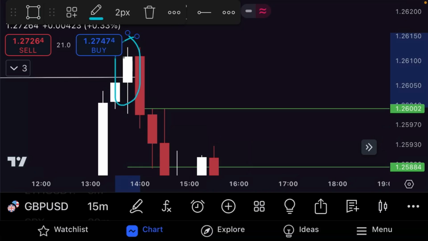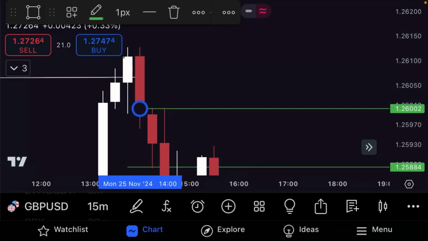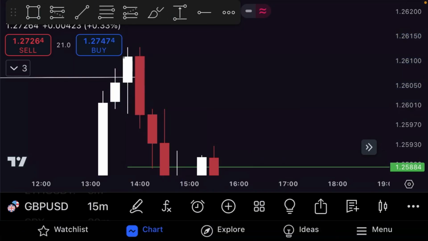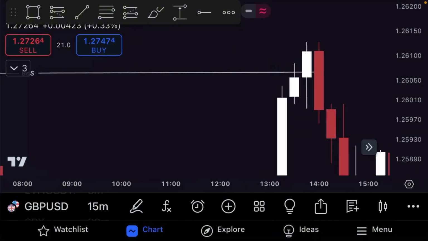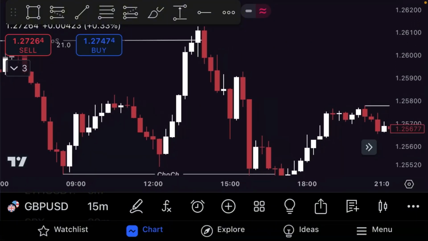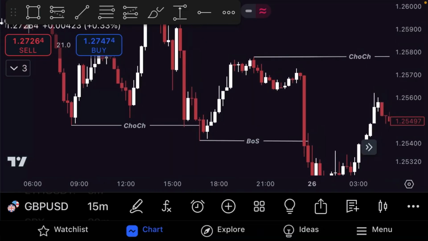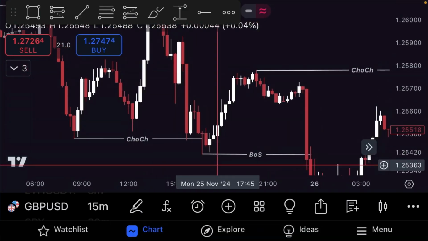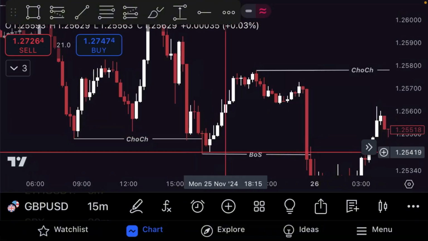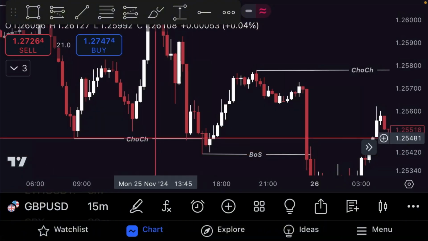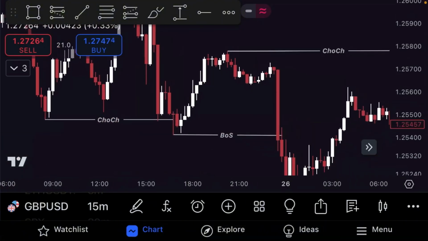Anything that goes above this area is a valid breakout structure. If it doesn't occur in this way, anything that goes above that area is not a valid breakout structure. Now look at this, it came down and it broke this area, which means we have a valid change of character. If we're looking for a reversal, we're going to use the same pattern.